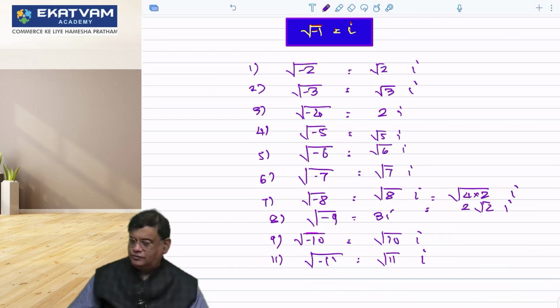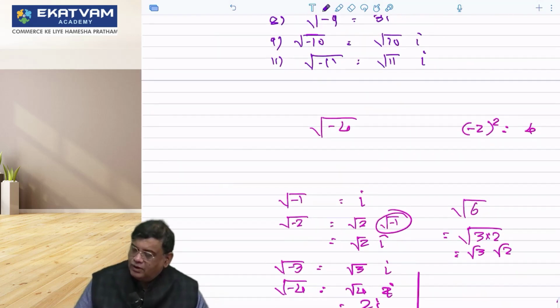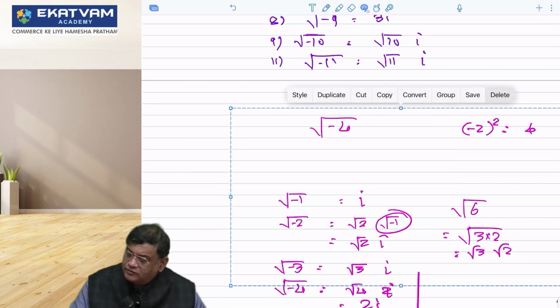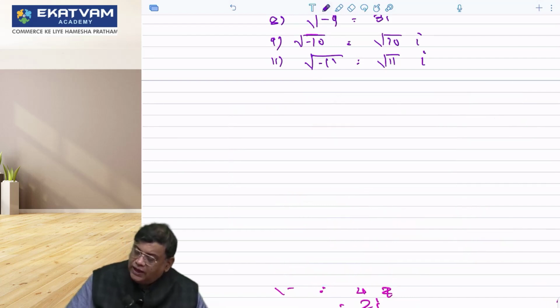Very nice. Now what will I do? I will take one real number. Let us suppose I take the real number 5, plus one imaginary number, 3i.